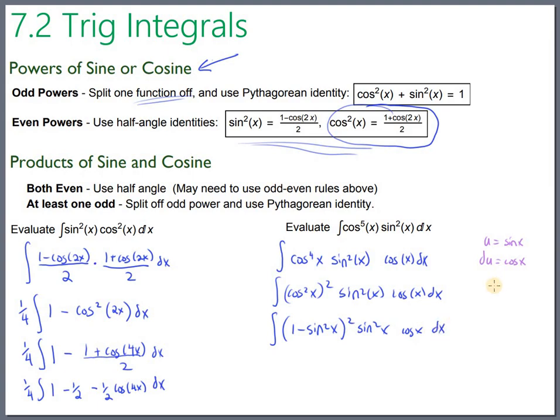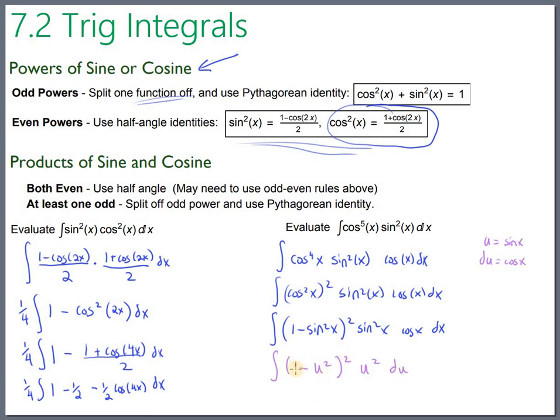Okay, so now we are actually ready to do this u substitution right here. So let me switch back to purple and say this is going to be the integral of 1 minus u squared, squared, times another u squared times du.